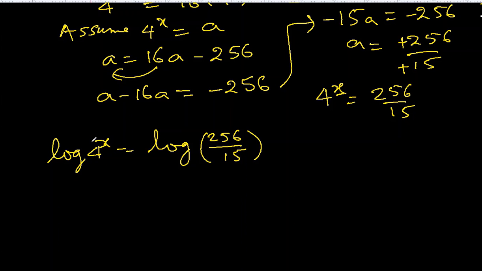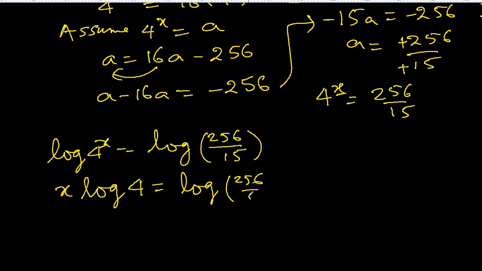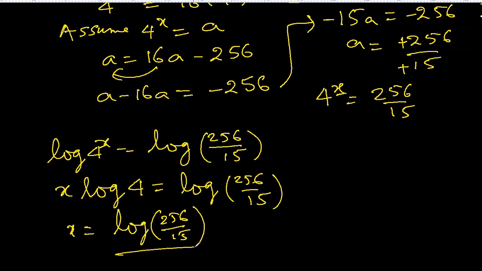Now, whenever we have an exponent, it becomes the coefficient. So x log 4 equal to log of 256 over 15. And finally, x will be log of 256 over 15 divided by log 4. Let's put this in our calculator and we get our solution.